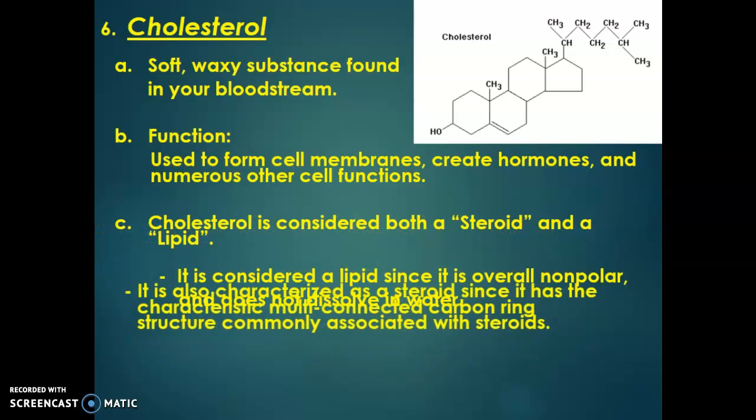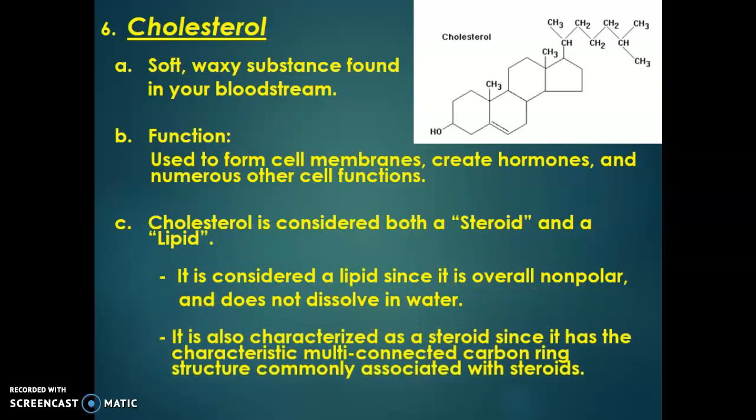Now, it is also considered a steroid because it has this very specific structure that you see up here. Steroids are always characterized by 4 carbon rings that are fused together. There's not a bond linking them together, they're actually fused. Each ring you see and each point would represent a carbon atom. They will always have one fatty acid tail attached to them.